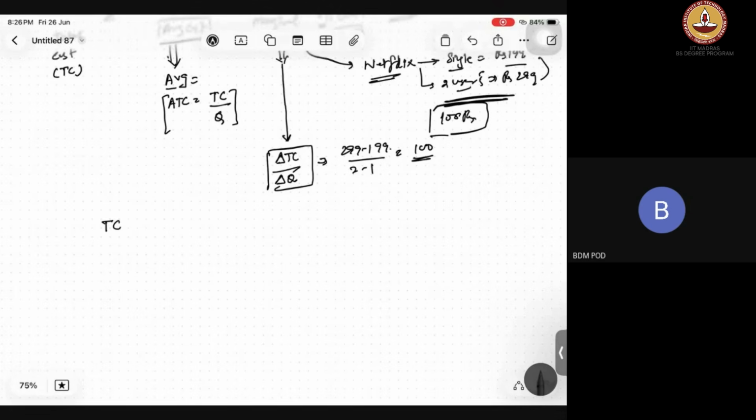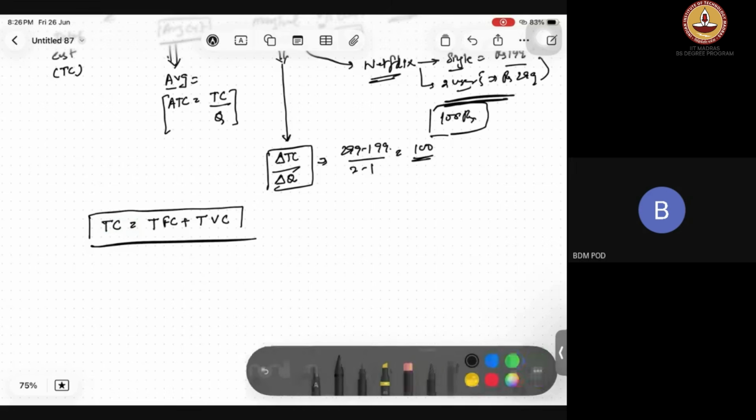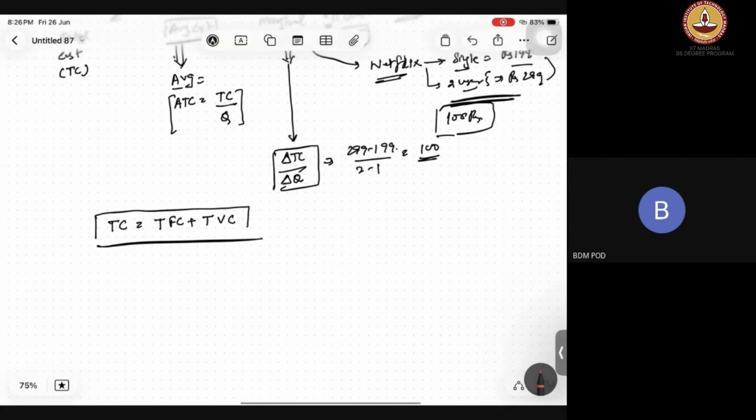Now coming to total cost. Total cost is a combination of total fixed cost plus total variable cost. So this is your total cost. Now coming to the important point.